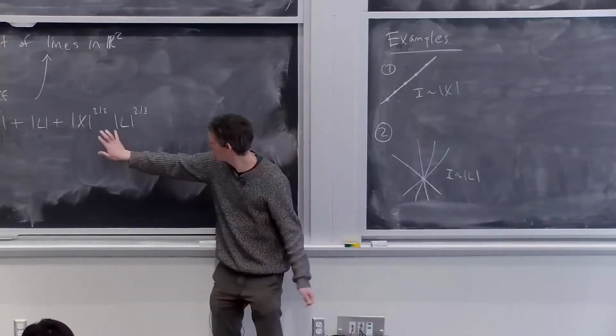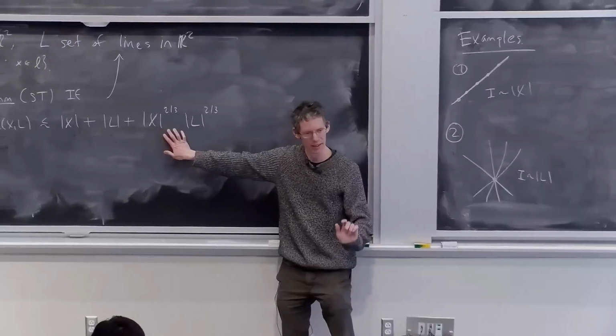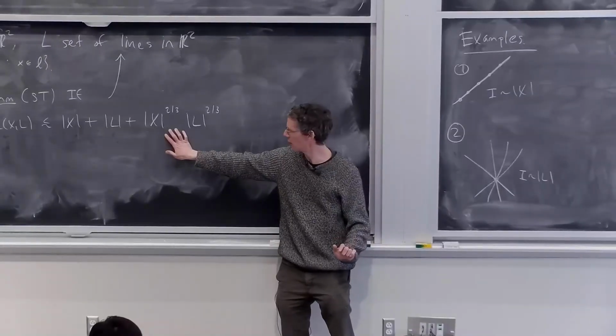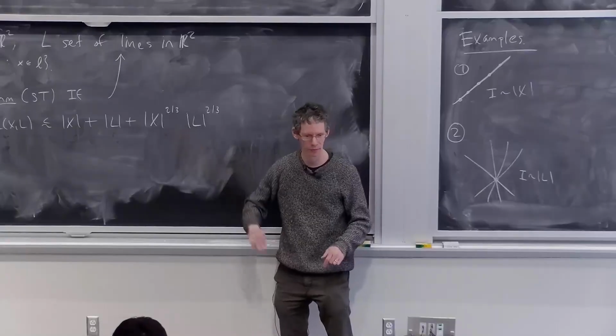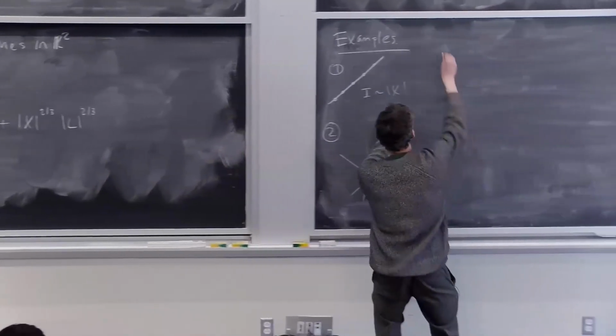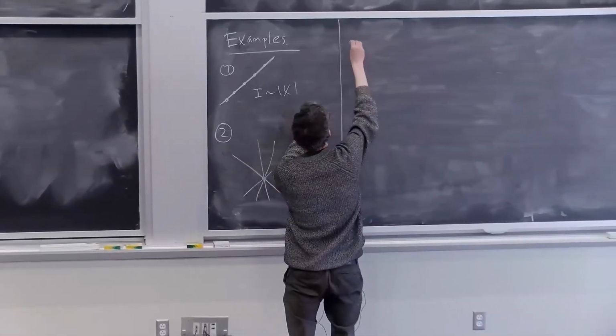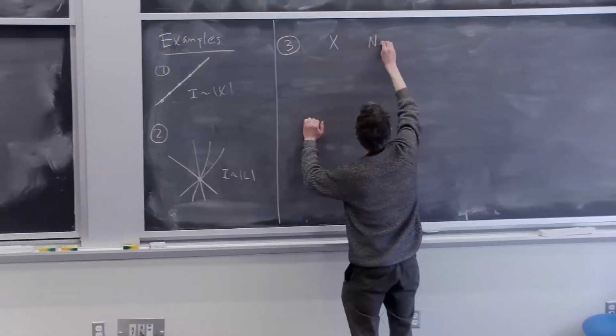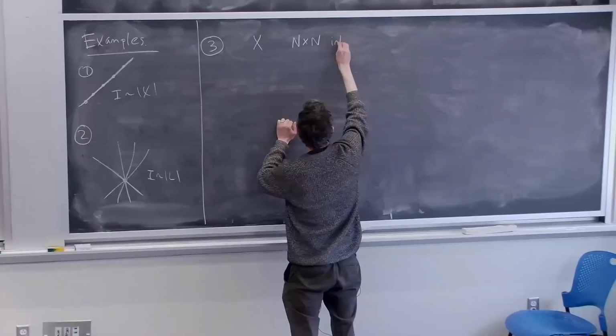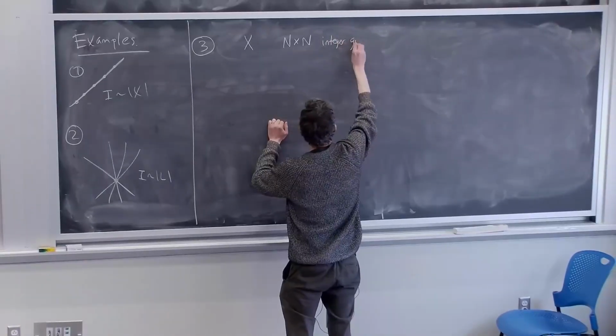OK, now how can you get this? This is the most interesting, and it's a fundamentally trickier example than the first. The third example is one that we have discussed. It's based on an integer grid. So let's say X is an n by n integer grid.